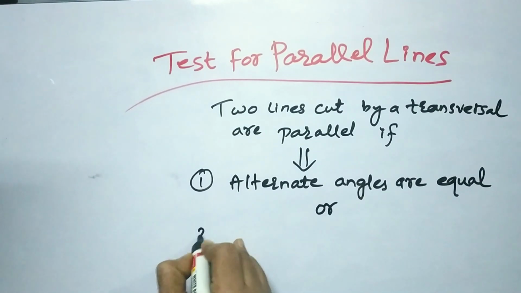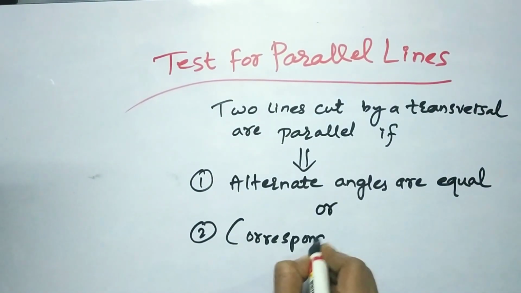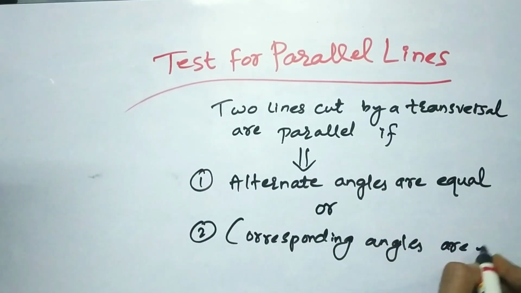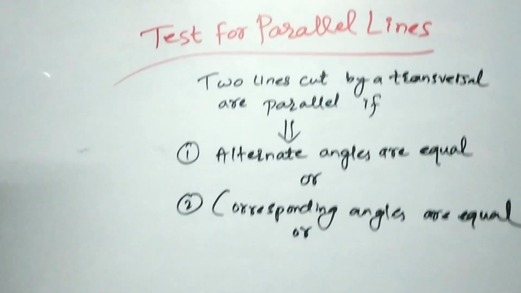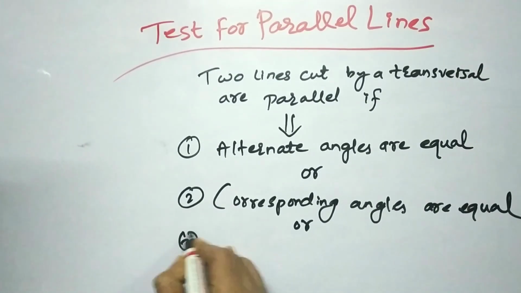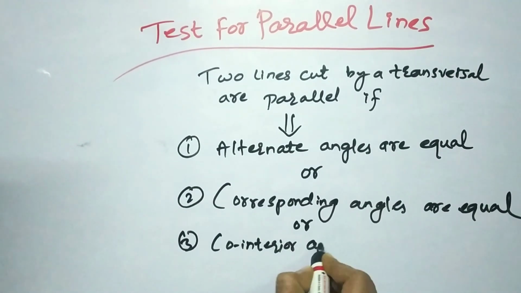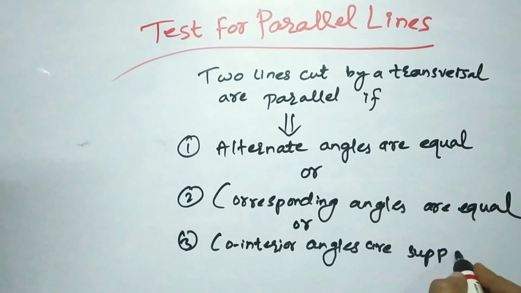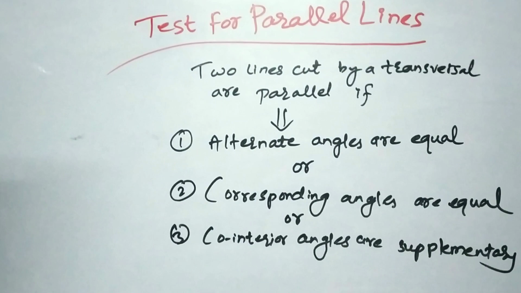Or you check whether corresponding angles are equal. If corresponding angles are equal, you can say that the lines are parallel. Otherwise, the third case is co-interior angles, which should be supplementary. If so, then you can say that the lines are parallel.